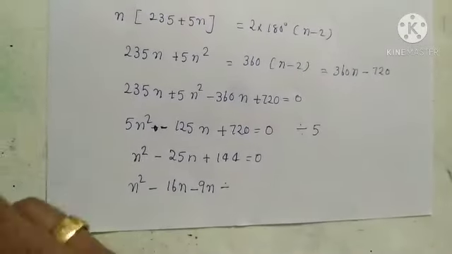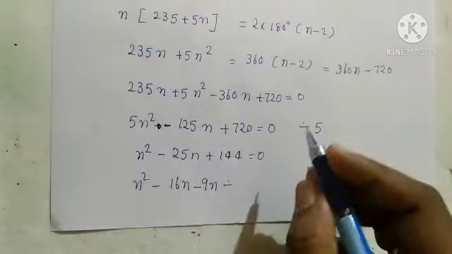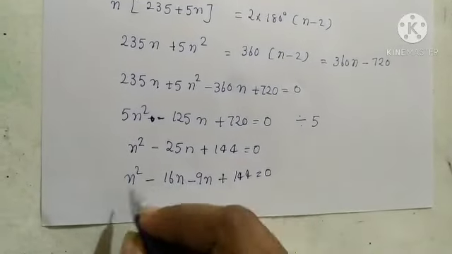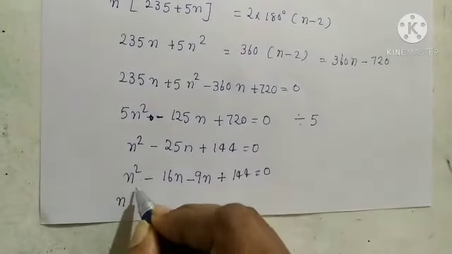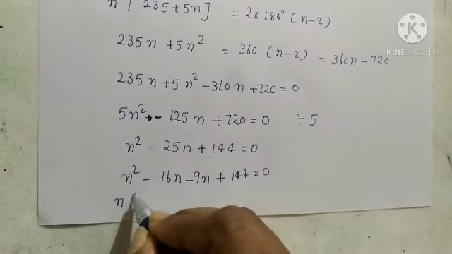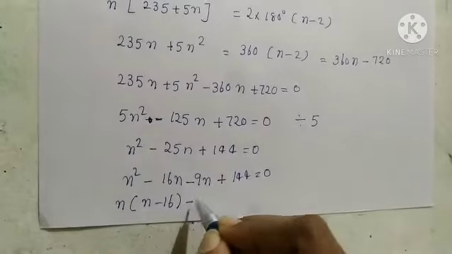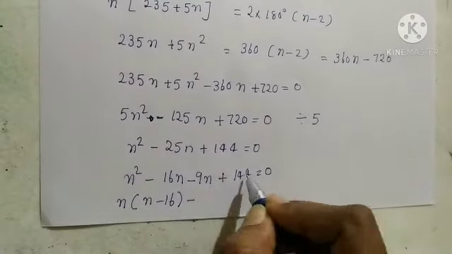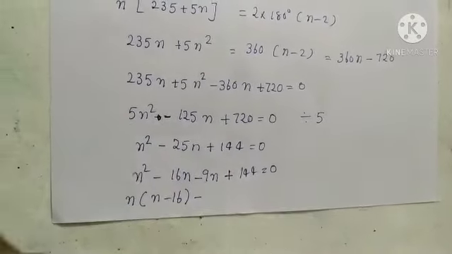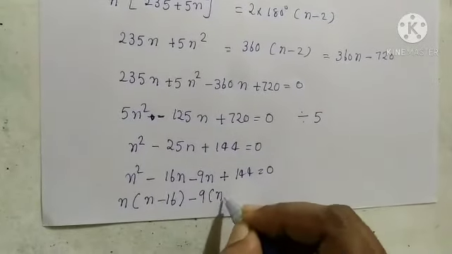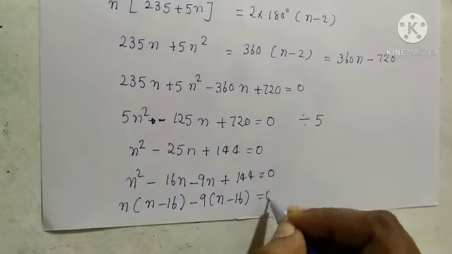Plus 144 equal to 0. Here n is common, so taking n from these two terms, it will become n into n minus 16, and taking minus 9 from the other two terms, minus 9 into n minus 16 equal to 0.